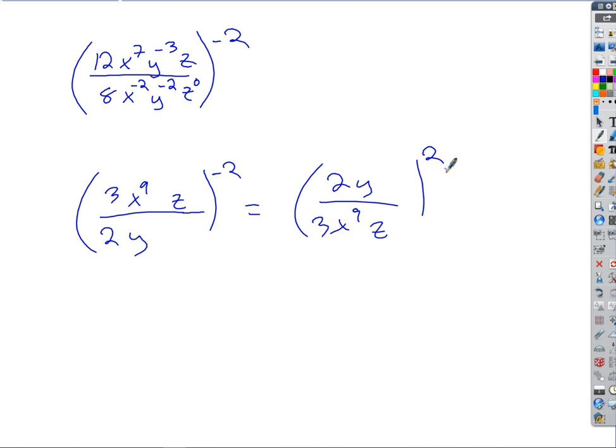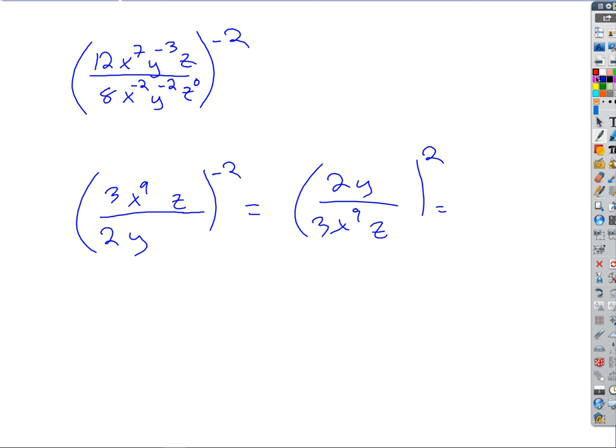I'm just going to distribute the 2. How many factors are there on the top? 2 times y. How many on the bottom? 3 times x to the 9th times z. So we distribute the 2 to each of the factors on the top and the bottom. And what's that going to give us?